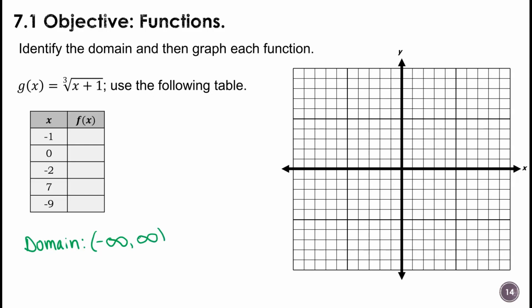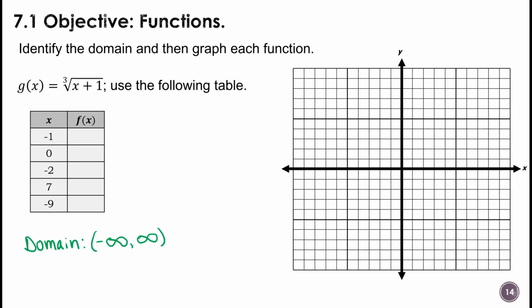How do I know this? There are no restrictions on the values I can use for x here, so all real numbers, negative infinity to positive infinity. We could put negative numbers, positive numbers, 0. Any of those are okay because it's an odd root, so the domain can be anything.